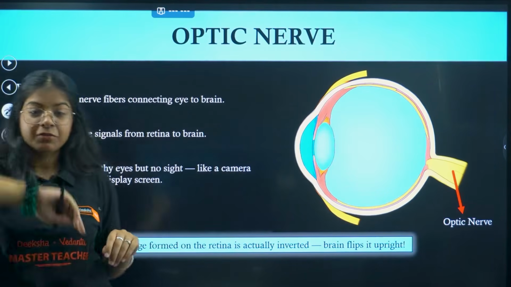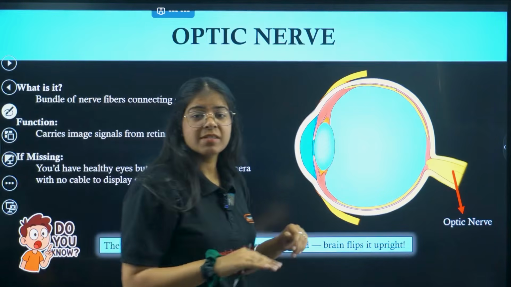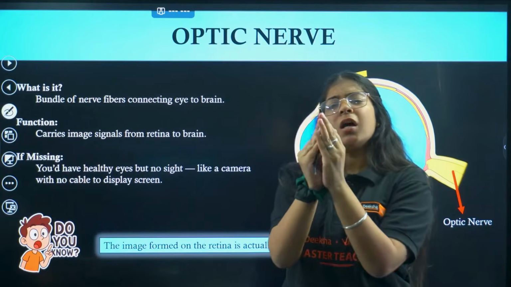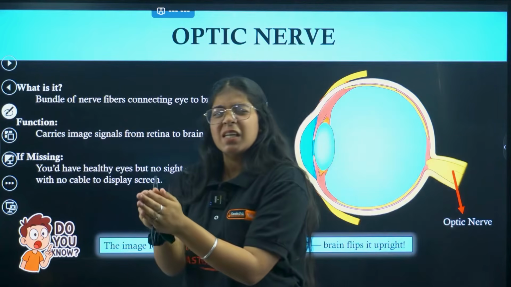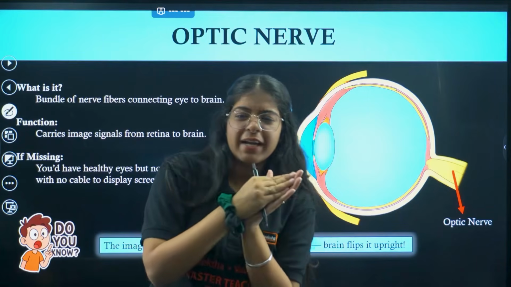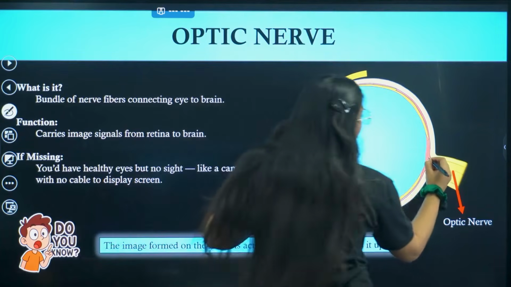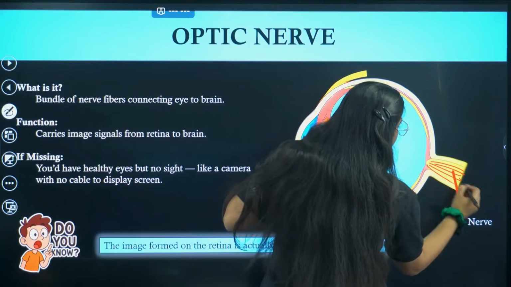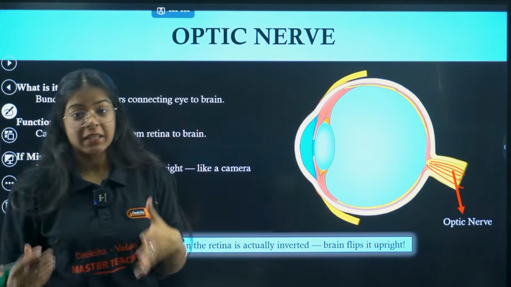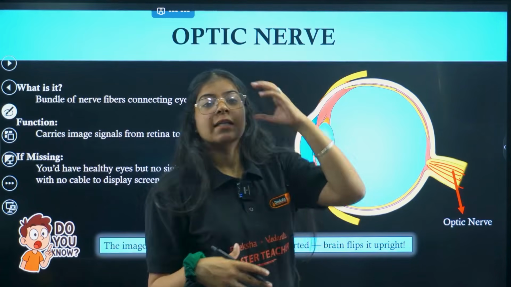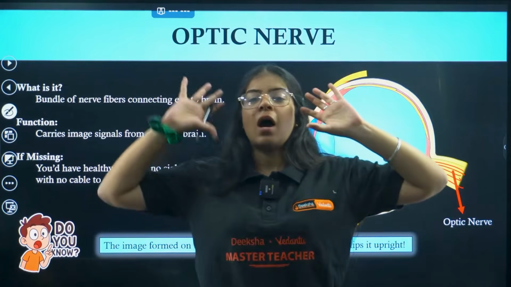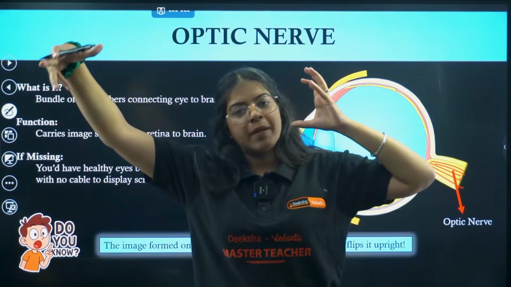Next, the optic nerve. Now, the optic nerve is a fiber. It's a bundle of so many nerves. You have seen an image of a nerve, right? It's a bundle of so many nerves which connects our retina, our eye, to our brain, because of course our brain is seeing the image.